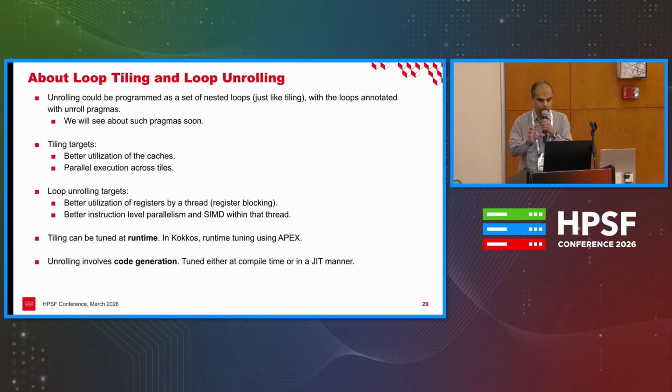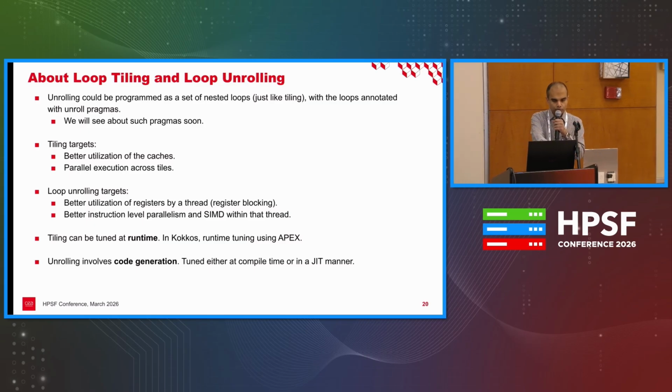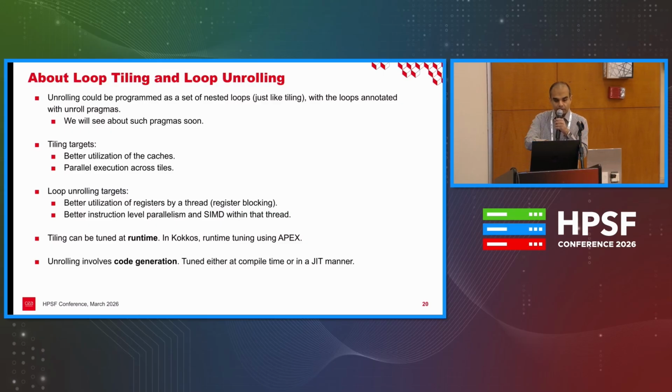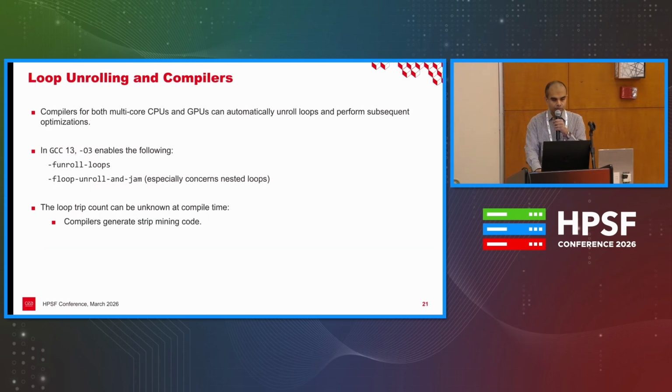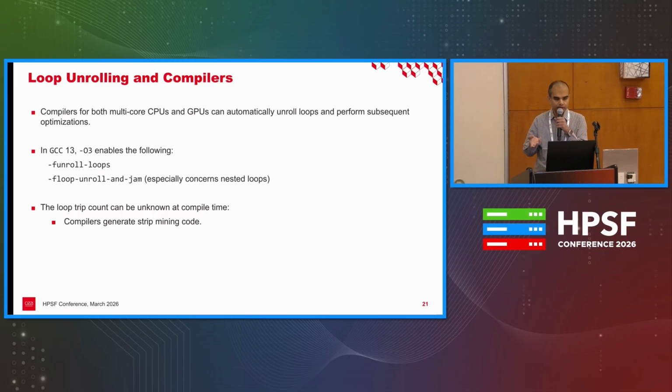As one small comment about loop tiling and loop unrolling, let's just focus on the last two points. Tiling is something that can be tuned at runtime, and Apex already lets us do that. But unrolling involves code generation, and it has to be done at compile time or in a just-in-time manner. Compilers have gotten pretty good at unrolling.